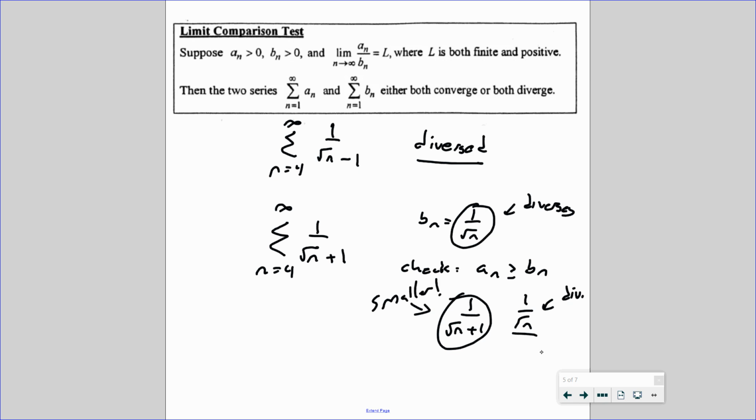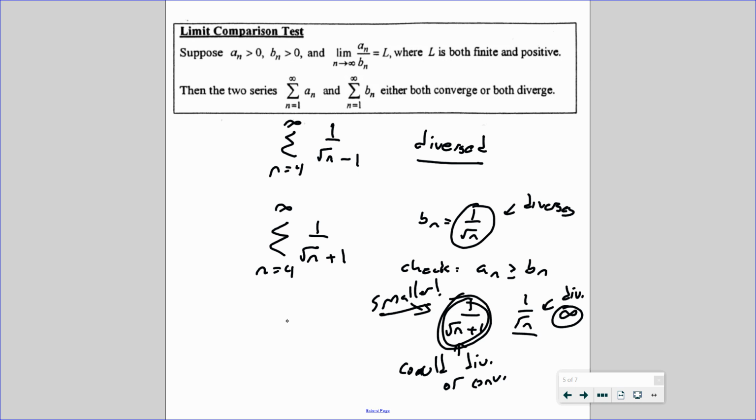than my comparison. Well, if the comparison diverges, remember, it's going to go off to infinity, but the original is smaller than it. So the original could diverge, in other words go off to infinity, or it could converge. If the comparison is going off to infinity, the original could stop at any time before that because it is smaller.